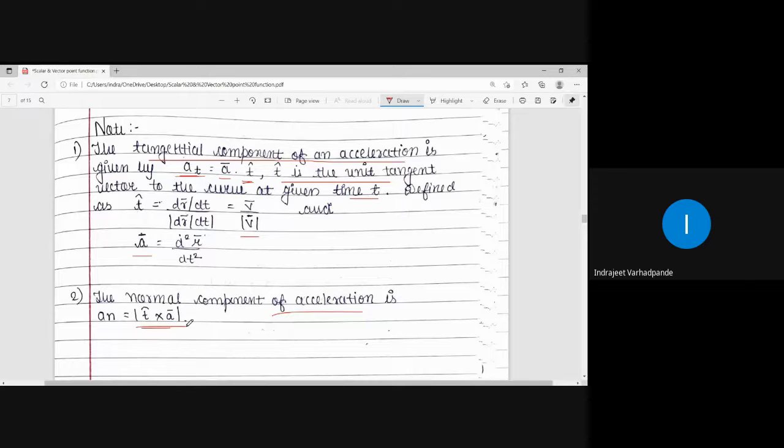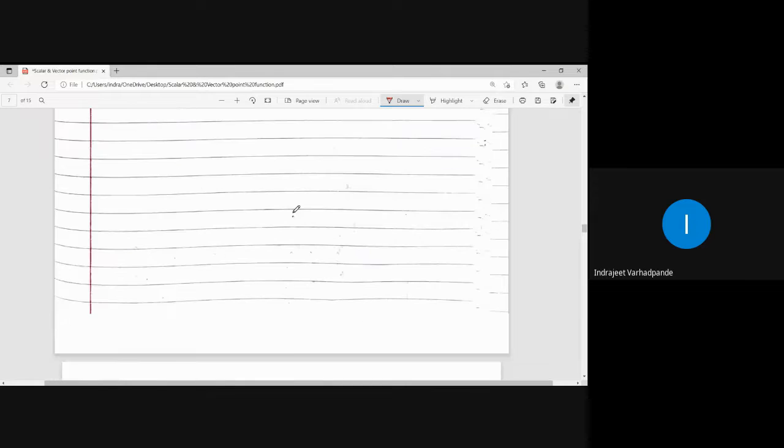It should be t cap cross a bar. That normal component of acceleration is denoted by an. This is actually the magnitude, which is written as t cap cross a bar. So in the coming few examples, we will be trying to simplify, as per the given question, the quantities associated with the velocity as well as the acceleration.